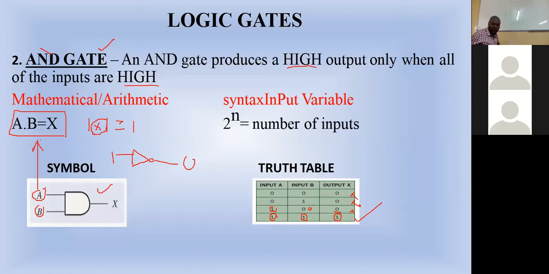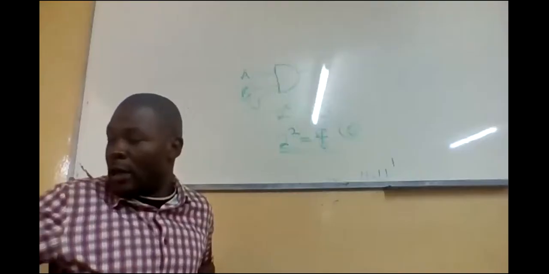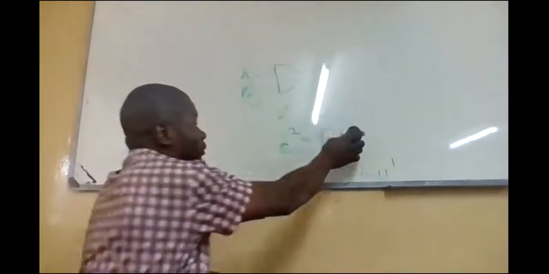So if we have two inputs, we are going to use 2 to the power n to give us the number of input combinations that we are going to use in a truth table. So if we find that there are two types of input, we are going to have what we call 4 variables. So what is the meaning of this? This is what I'm trying now to explain to you on the board here.